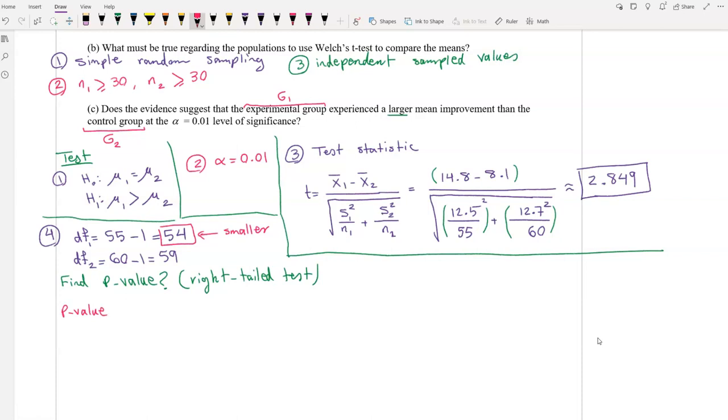So to find p-value, I'm going to use this function from TI-84, tcdf.